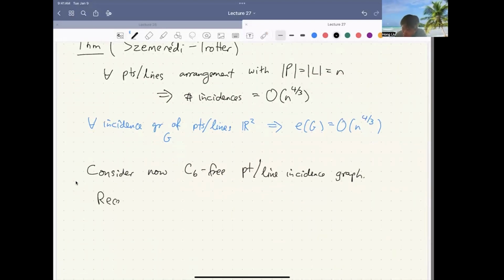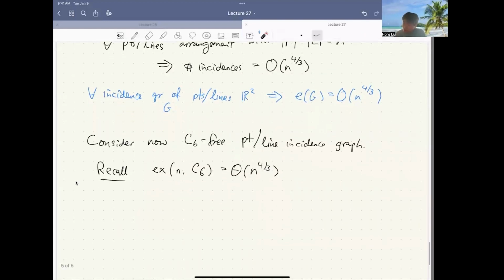Recall, normally what do we have? If you have a C6-free graph, the maximum number of edges is n to the 4/3. You could have a matching lower bound of n to the 4/3, C6 free. The next result we're going to see is that this n to the 4/3 lower bound cannot be realized. It's impossible for a point-line incidence graph in the plane.